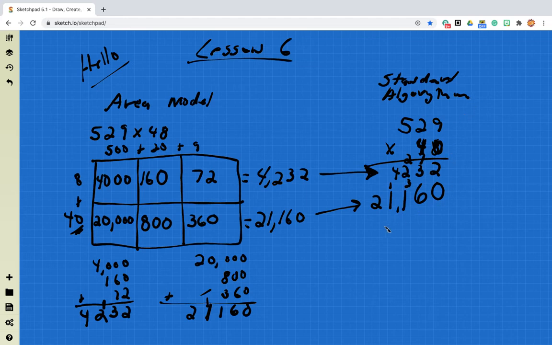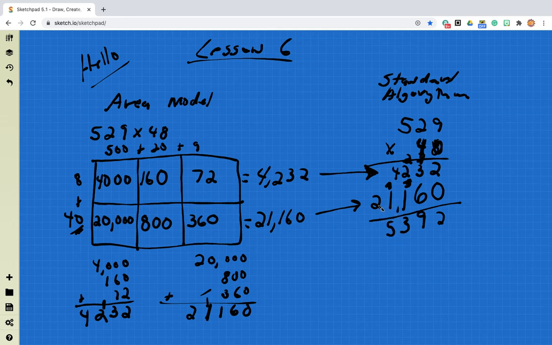Now let's add those up and see what we get. 2. 6 tens plus 3 tens. Remember, these we're done with. We don't want to use these again. Right? 6 tens plus 3 tens is 9 tens, or 90. 100 plus 2 hundredths is 3 hundredths. 4 thousandths plus 1,000 is 5 thousandths.